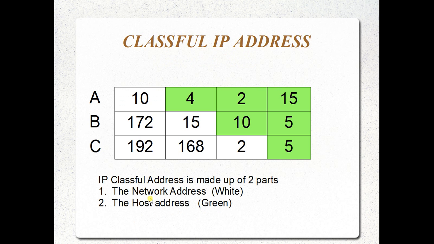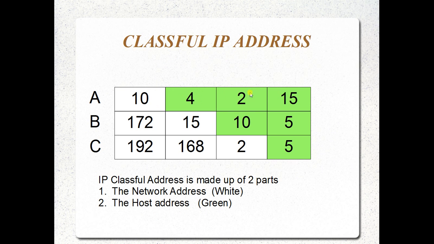The classful IP addresses could look like this. It's made up of 2 parts, the white part and the green part. This is a class A address. It falls within the ranges on the previous slide. This is a class B address. Remember, each one of these blocks is 8 bits, representing a number from 0 to 255 if you convert the binary to decimal or decimal to binary.